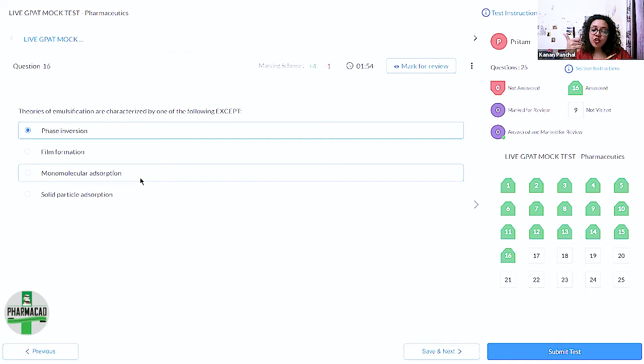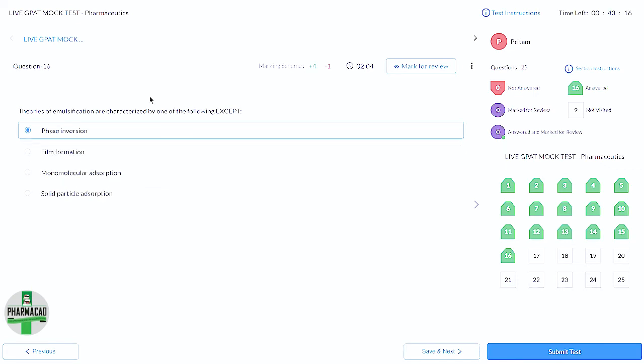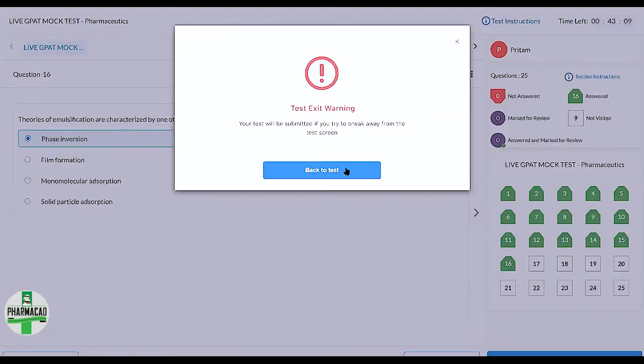See, you have hydrocolloids, you have small fine particles like bentonite and all, and then you have surfactants. Surfactants will show monomolecular. Yes, ma'am.